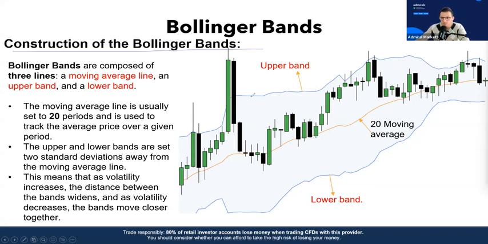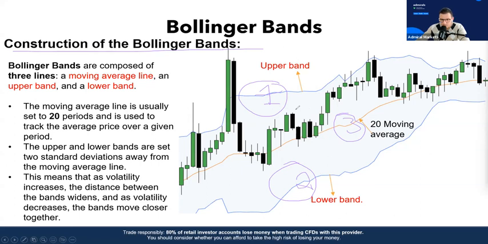For those who see it for the first time, Bollinger Bands are composed of three lines. The first line is the upper line. The second line is the lower line. And the third line is this one in the middle.